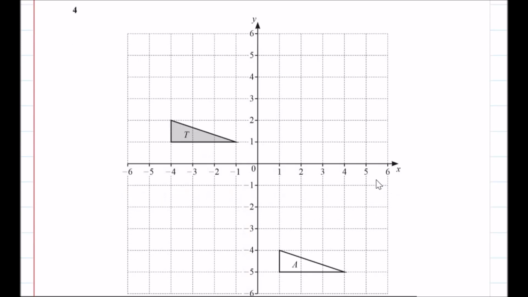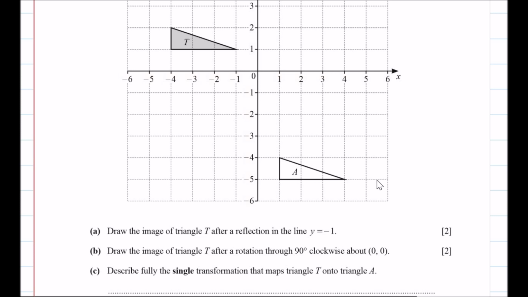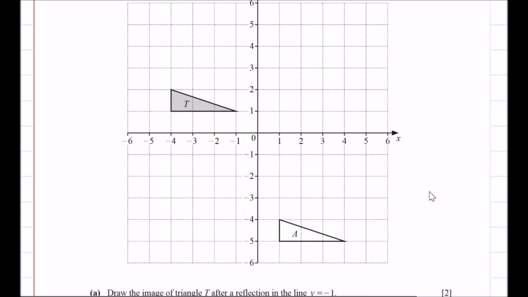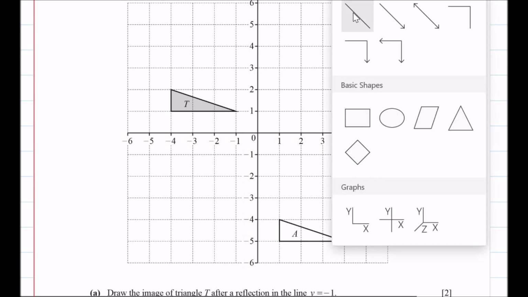Now question number 4. So here it says draw the image of triangle T after a reflection in the line y equal to minus 1. So we can draw the line here, y equal to minus 1.